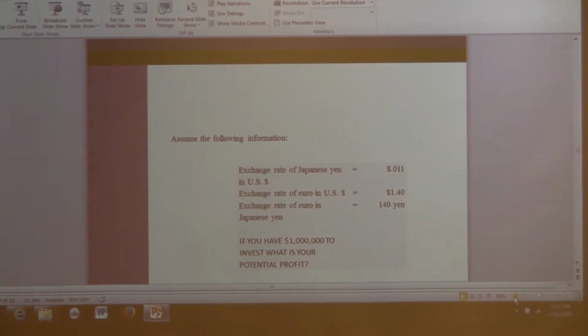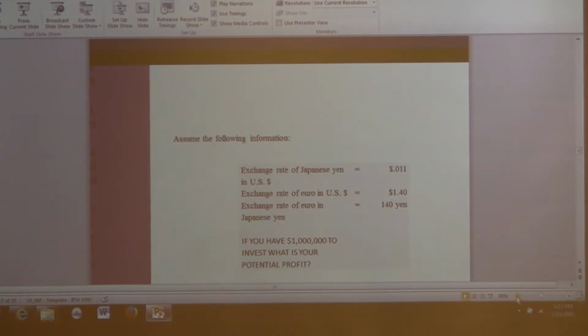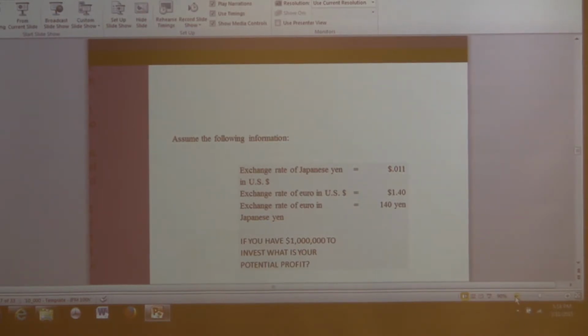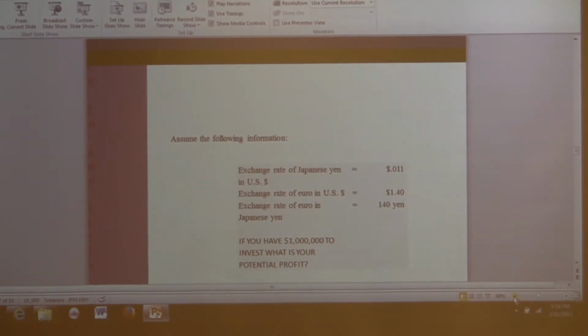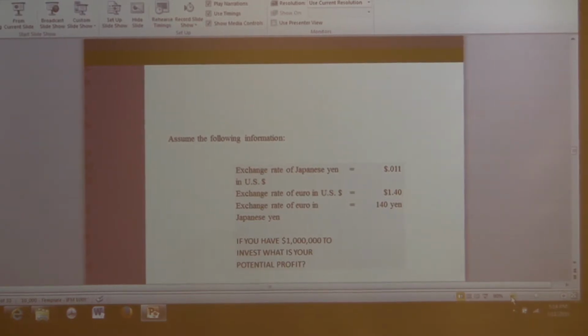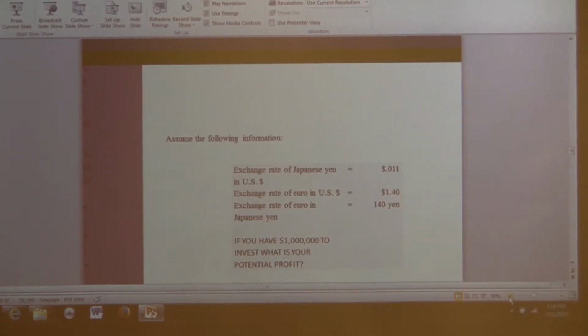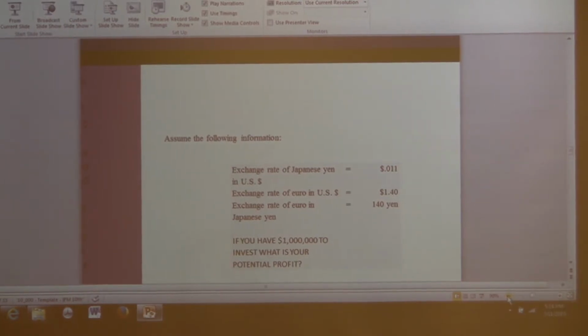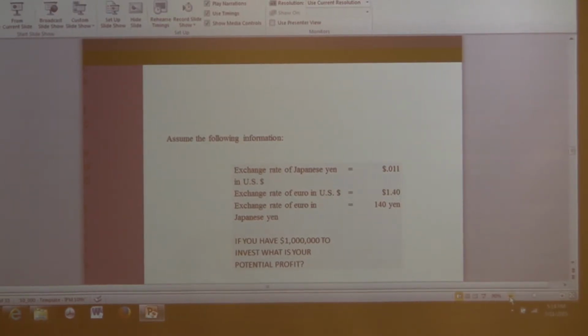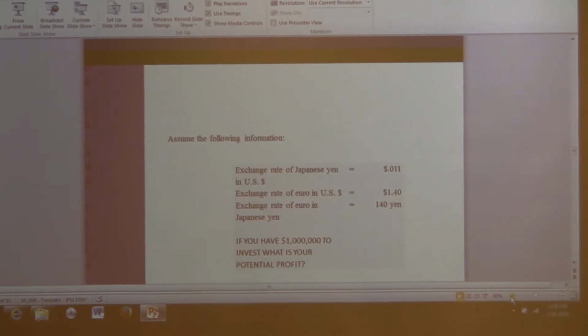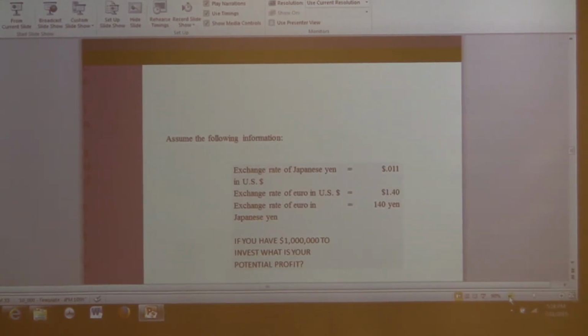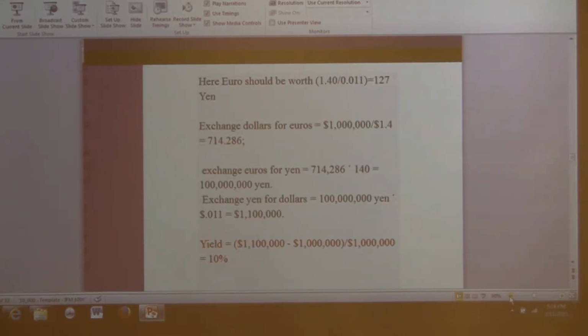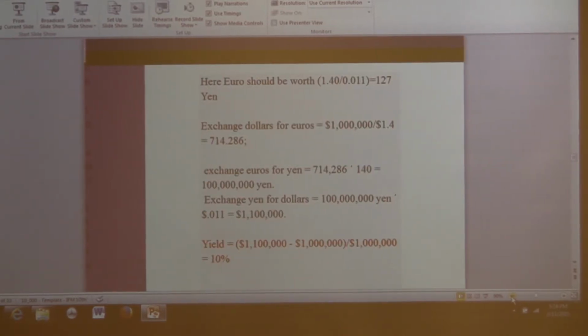So if you have $1 million to invest, what is your potential profit? Okay? So buy the euro. So that gives you $1 million divided by 1.4. Okay. 714,286, yeah? Okay, so that's what you get.